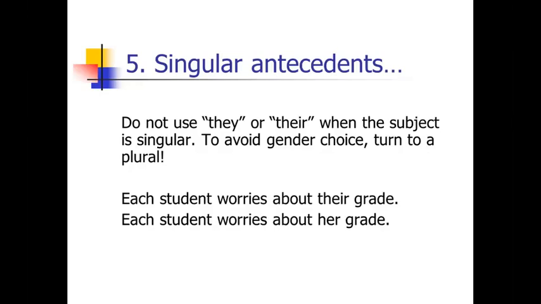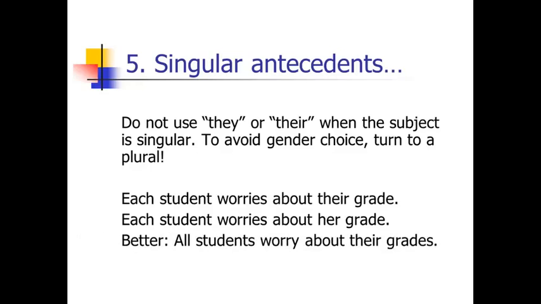It's a little awkward to write his/her. So my recommendation in general, when you find yourself in this situation where you're tempted to use the plural so that you can avoid gender, is just to turn the whole sentence into the plural. So, for example, rewrite this as all students worry about their grades. And that way you don't have to make that singular choice.